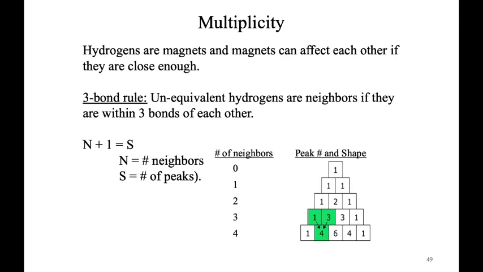But what happens if I have another hydrogen near that first hydrogen? Well, they're both magnets, right? Would those magnets affect each other? Yes. Would they affect each other if they were on opposite sides of the room? No. They have to be close enough to each other to have an effect.